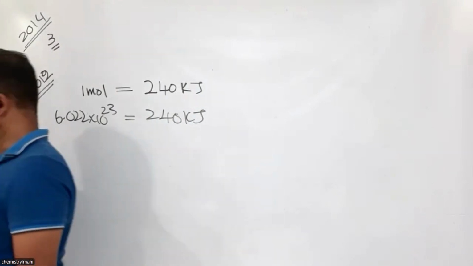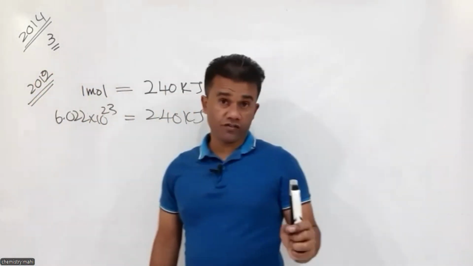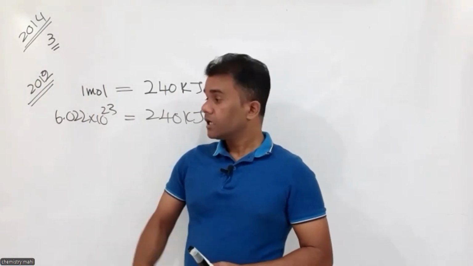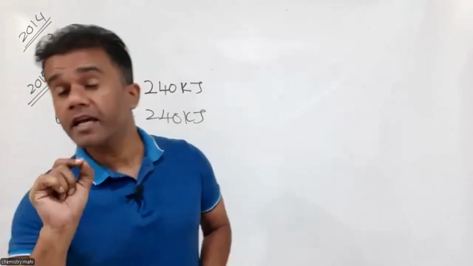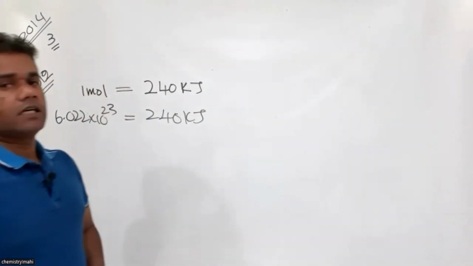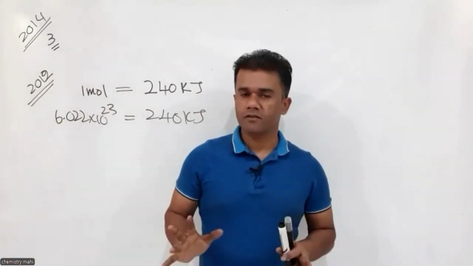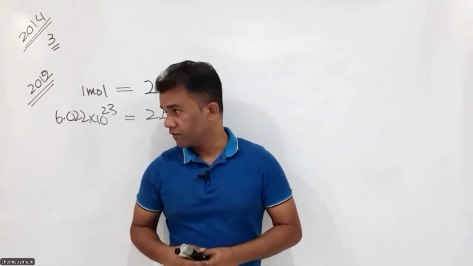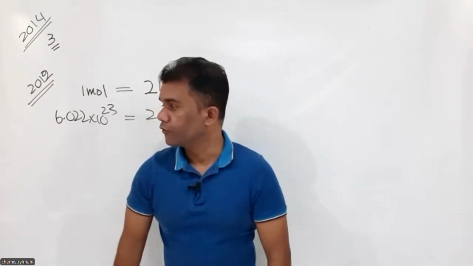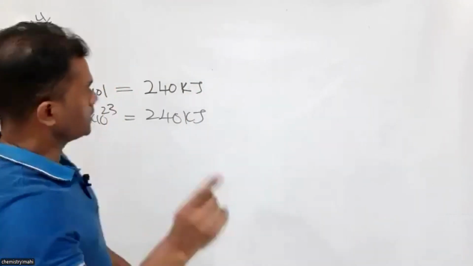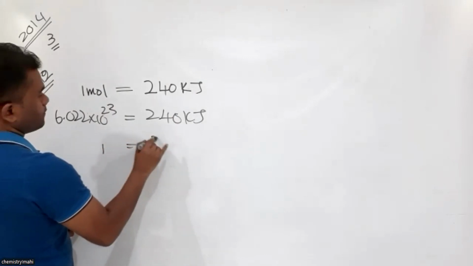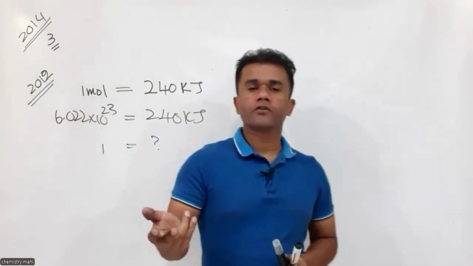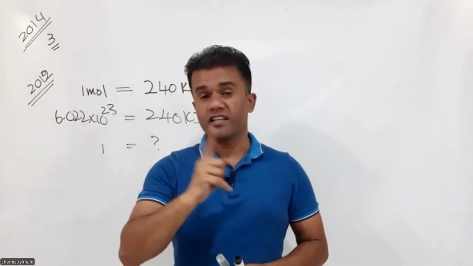Because the next part is important. They ask the minimum frequency, not energy, frequency of light capable of producing a photoelectron in barium. Can you see that one? I think some of you didn't notice that. They asked the minimum frequency of light capable of producing a photoelectron. One photoelectron they ask. The value is given for Avogadro's number of electrons, but the question is about 1 electron.